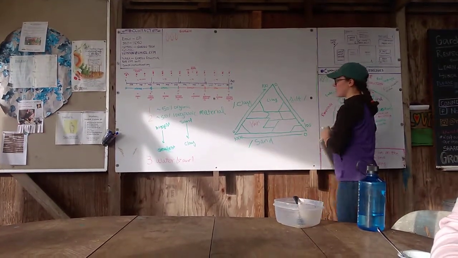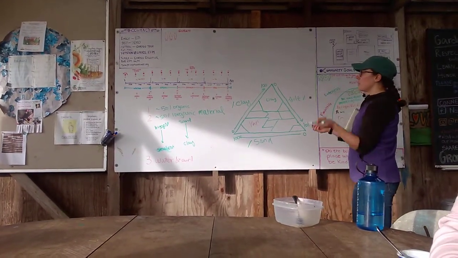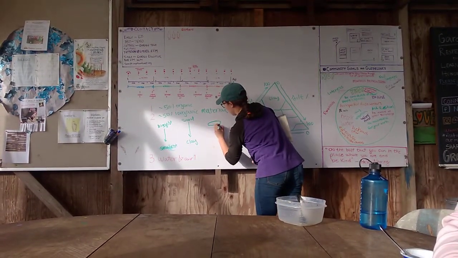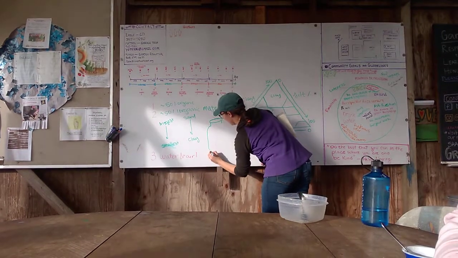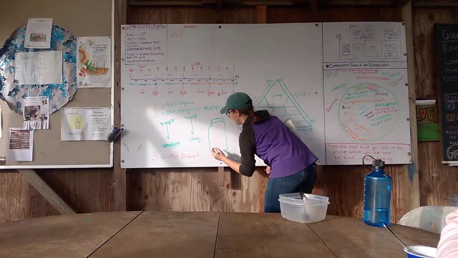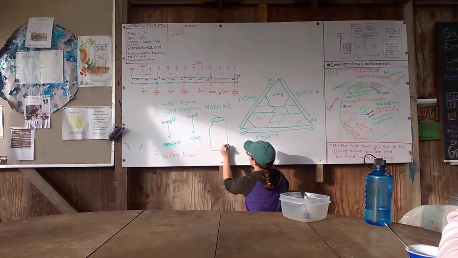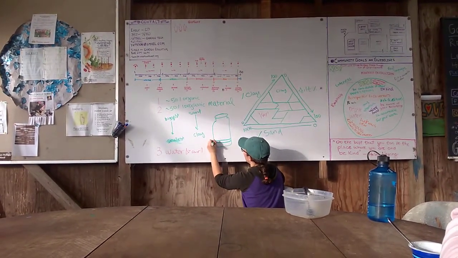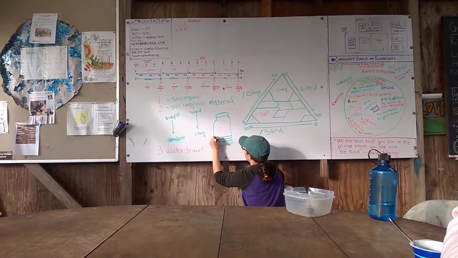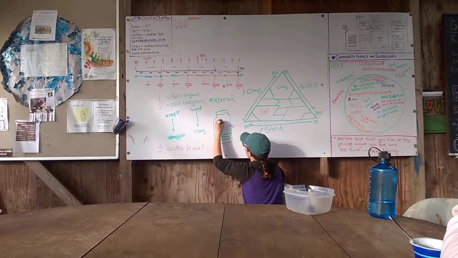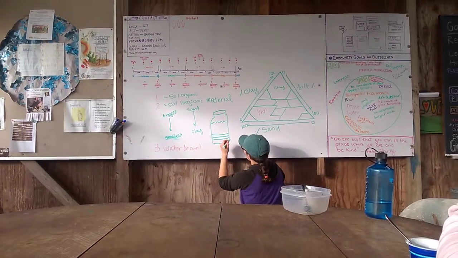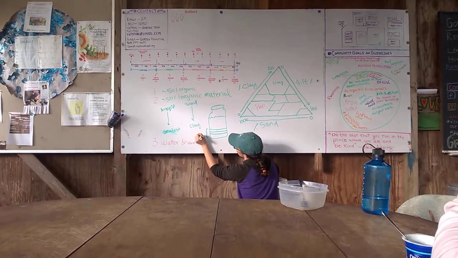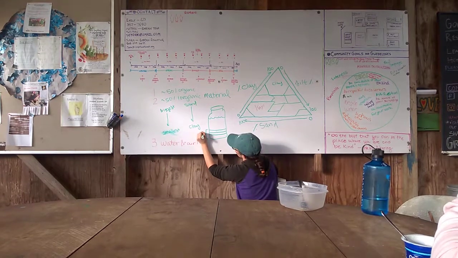Based on the percentages that we see, we'll have a jar, and in the jar it'll look like this. We'll say, okay, this total is 30 centimeters.